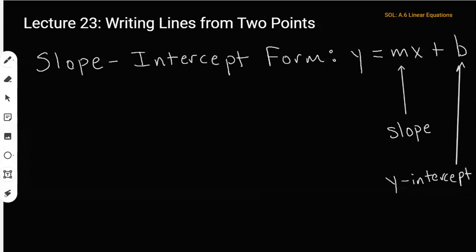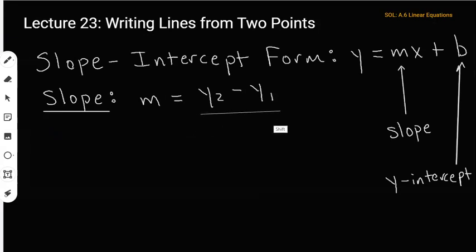Now, to find slope, which is m, you can use two different formulas. You can use the slope formula from 2 points. That's going to be y2 minus y1 over x2 minus x1.